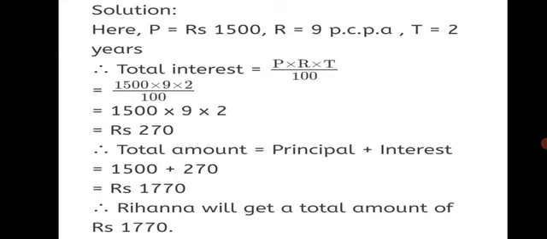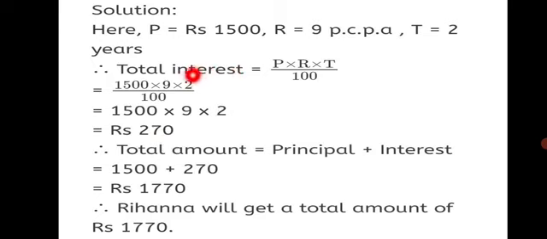So, when you multiply all this together, you get rupees 270. Here, when we reduce these two zeros in the numerator and denominator, we have just 15 into 9 into 2. You don't have to write these two zeros. It's directly 15 into 9 into 2 is equal to rupees 270. Therefore, now this 270 is our interest.